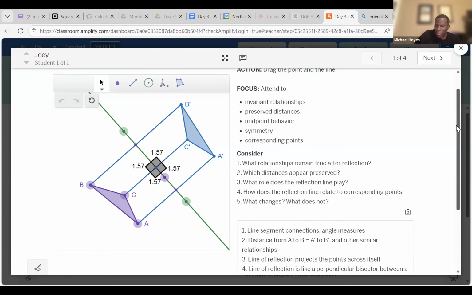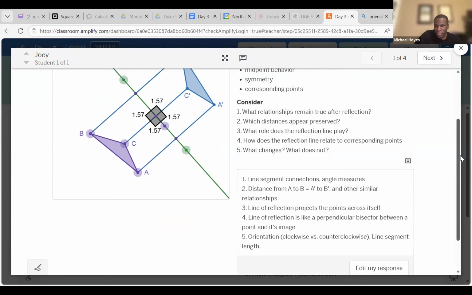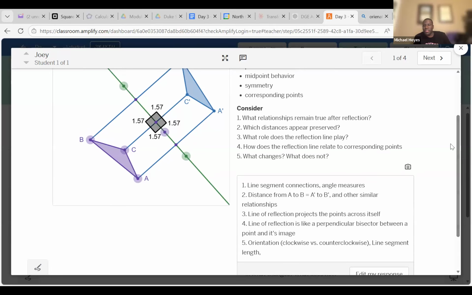I thought at one point I had seen the word orientation. It changes orientation, indeed it does. Reflection reverses orientation, because what was on one side is now on the other side. And it does not change line segment length.